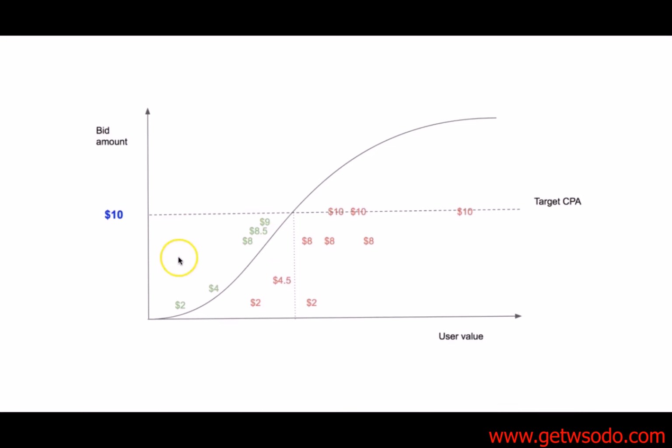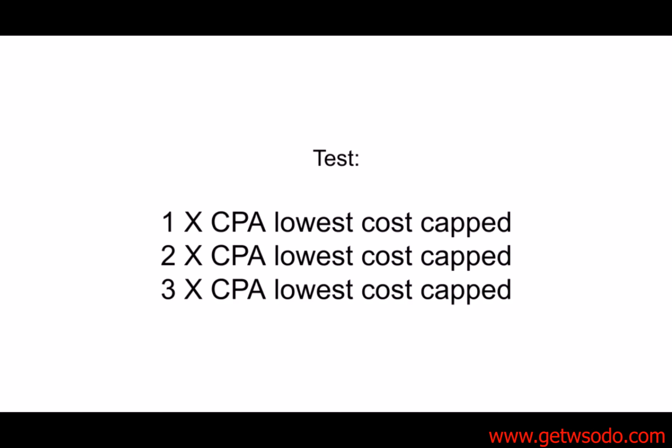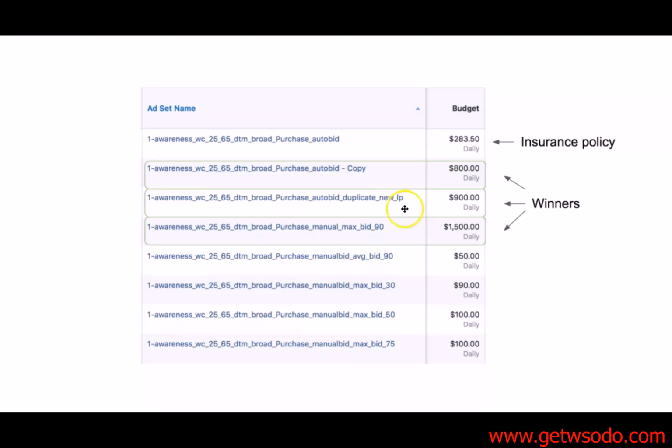So do consider, when you are doing your CPA bidding, to test different boundaries out when you are looking to scale up. There are tools out there in the marketplace that basically do this automatically for you. It will take your ad set, it will test different CPA levels, and you could split it into, taking this for example, I've chosen 30, 50, 75, 90.